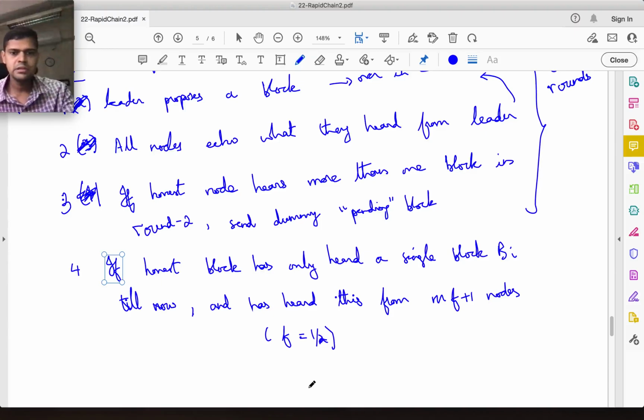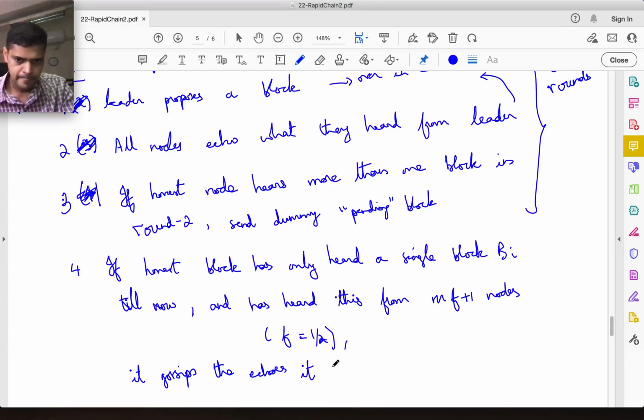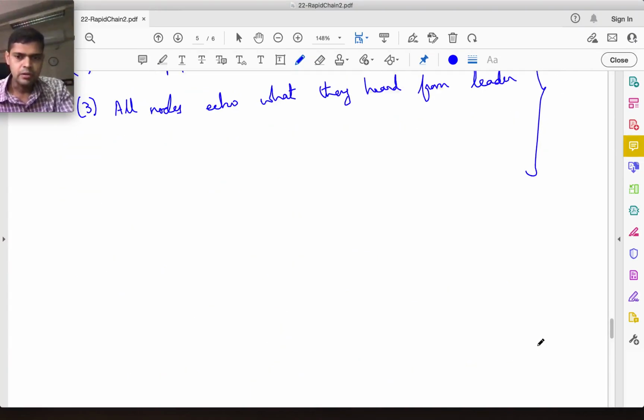so it gossips this particular block. So it gossips the echoes that it heard and it accepts the block.